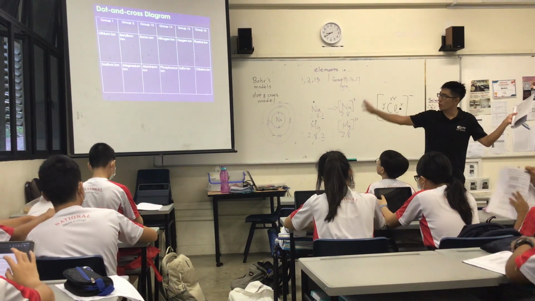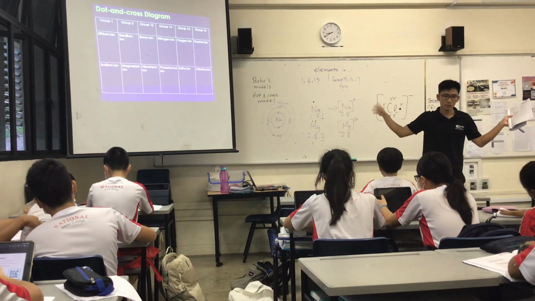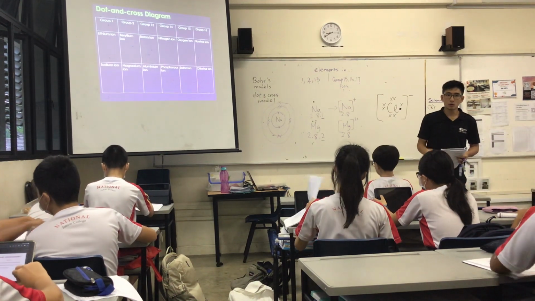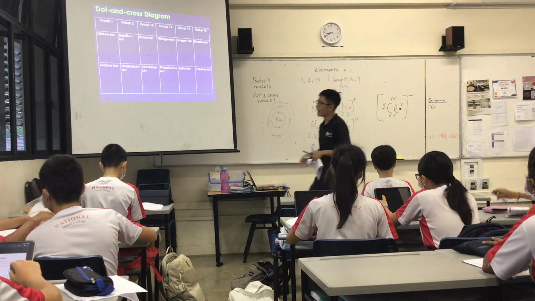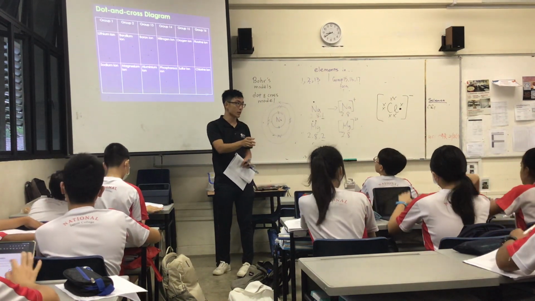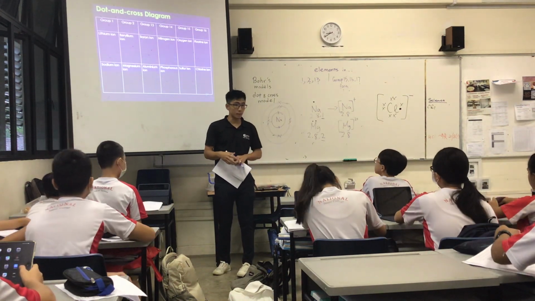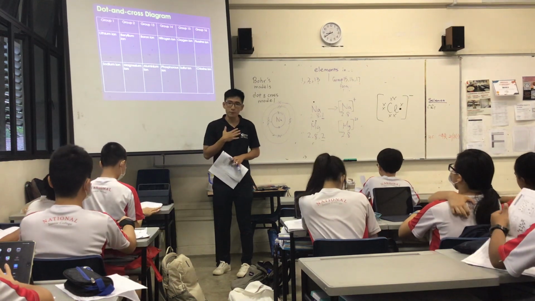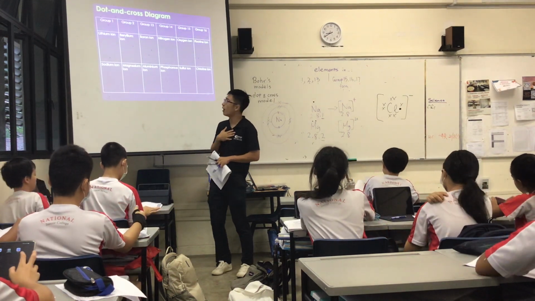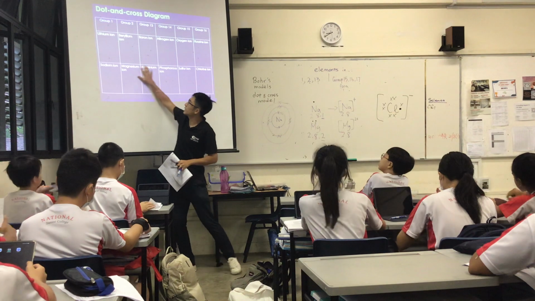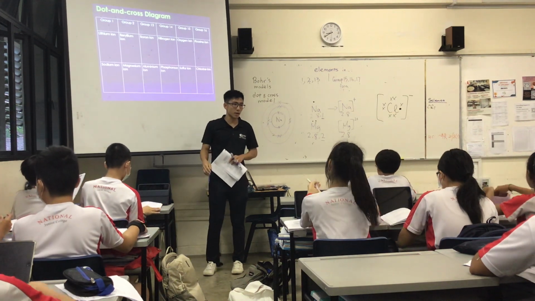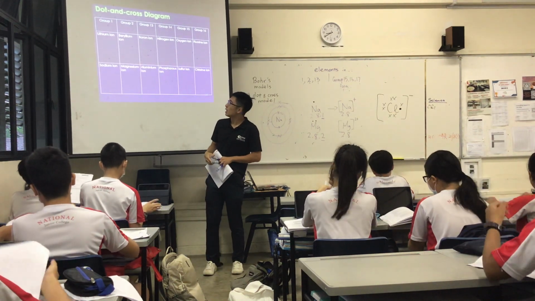Could I get you to draw this table first? After you draw this table, you may proceed with using a pencil so that you can still make corrections. Using pencil, will you represent for me the dot and cross diagram for all of these ions?